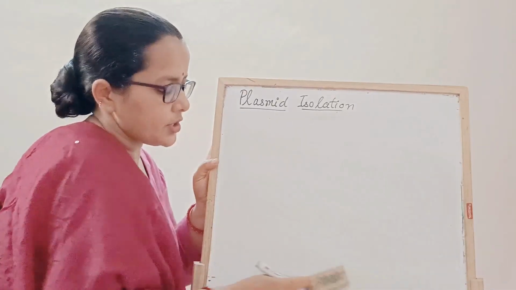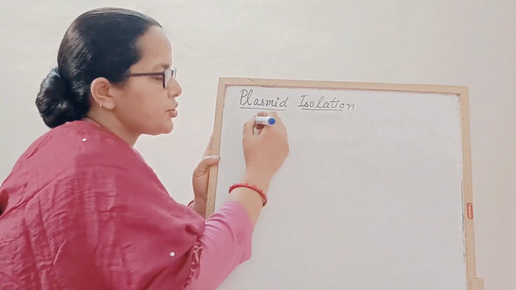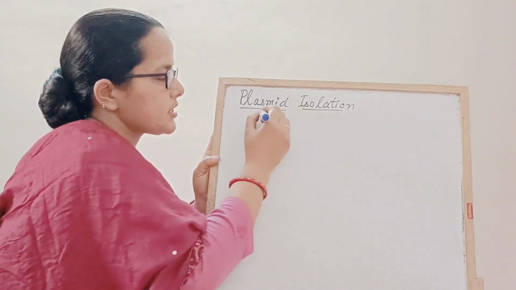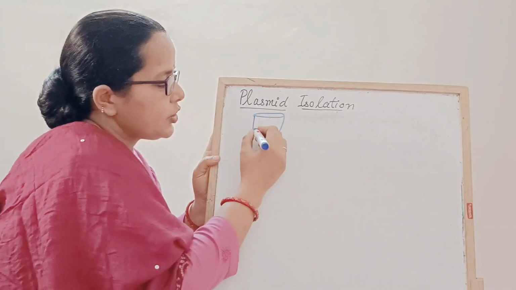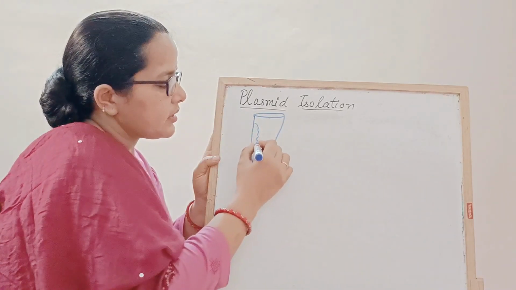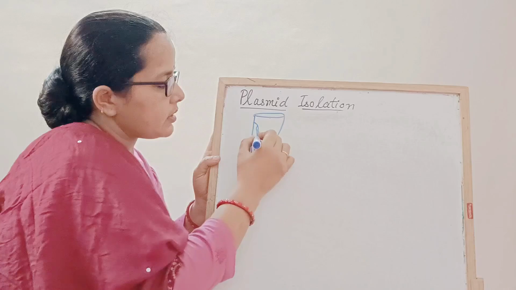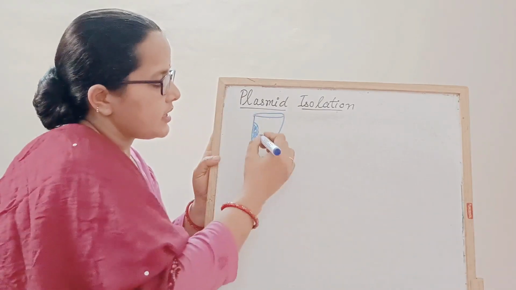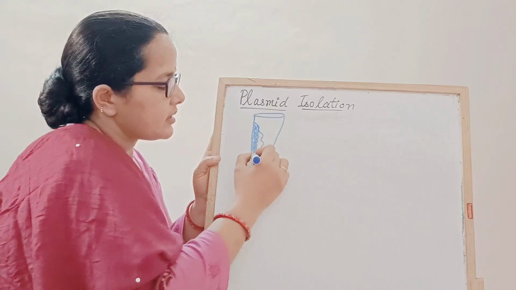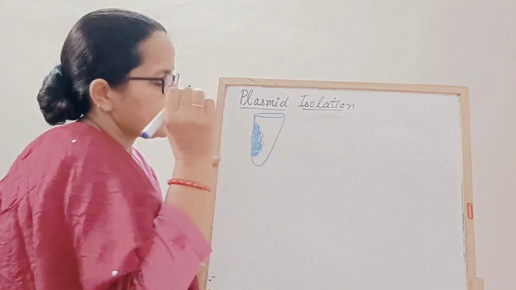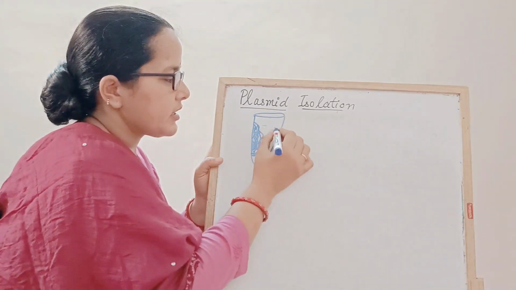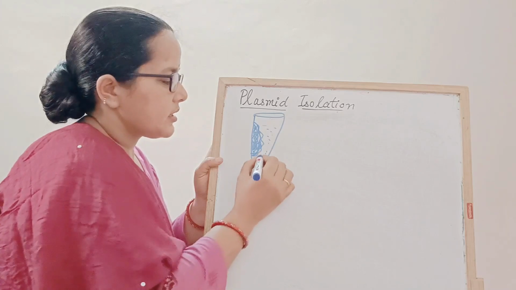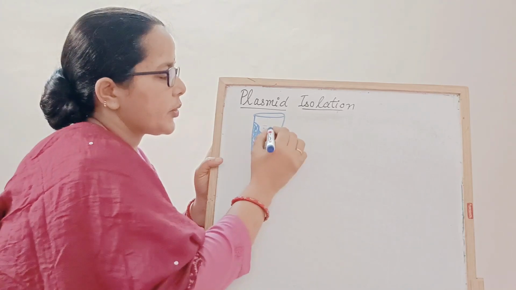Once centrifugation is over, in your tube, suppose this is your MCT, what will you see? You will see a thick precipitate like this, and here is your transparent liquid.